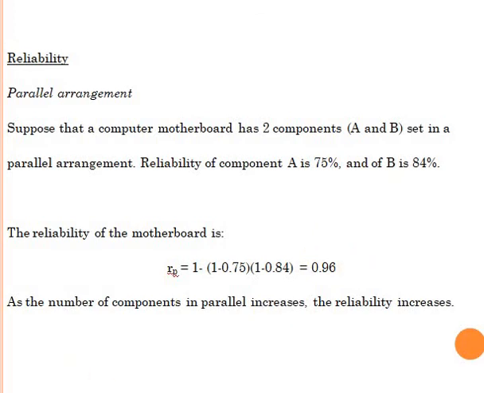As the number of components in parallel increases, you will see that the reliability will increase as well. If you compare the reliability of component A alone and B alone, they were less than 96%.